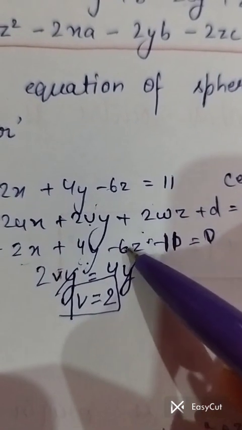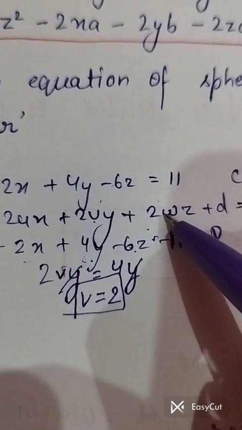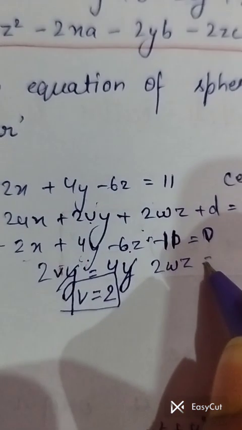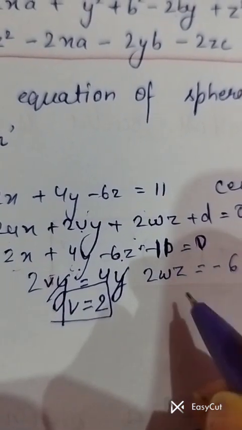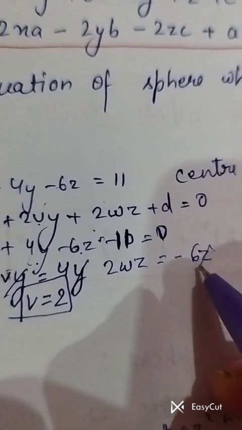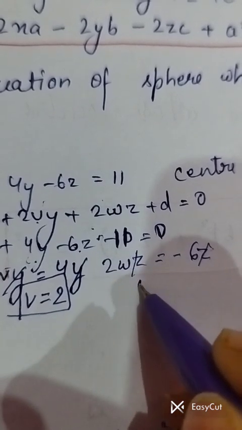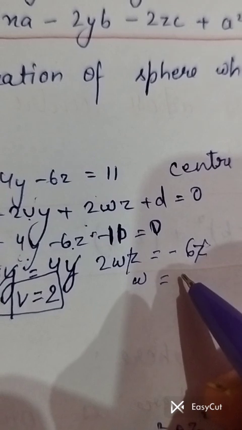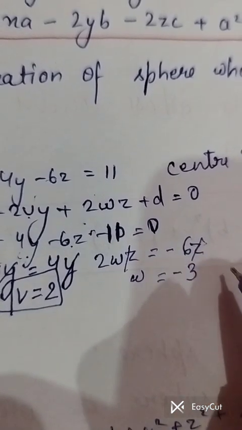By comparing these two terms, we will get the value for w. So 2wz is equal to minus 6z. Therefore we will get the value for w. Hence the value of w is minus 3.